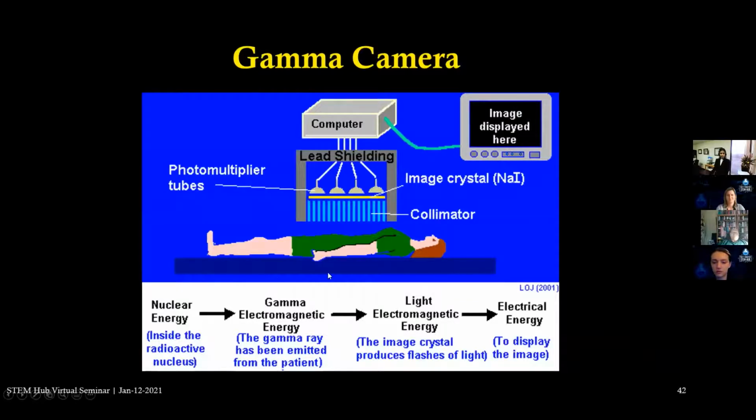So this is the radionuclide that is injected. It emits gamma rays, and these gamma rays are incident on the image crystal, where the gamma rays are converted to light energy. And this light energy is eventually converted into electrical energy that's recorded on the computer, and the image is displayed here.